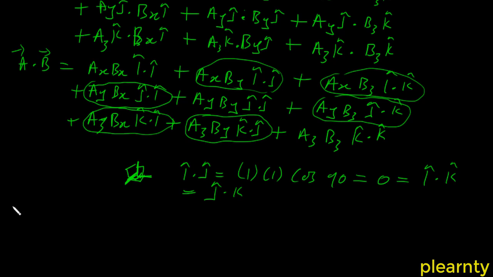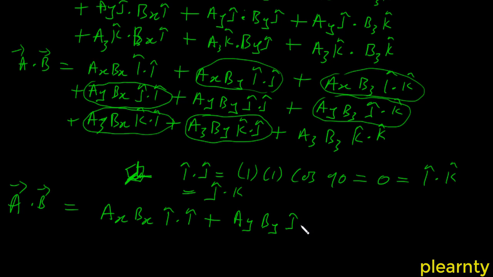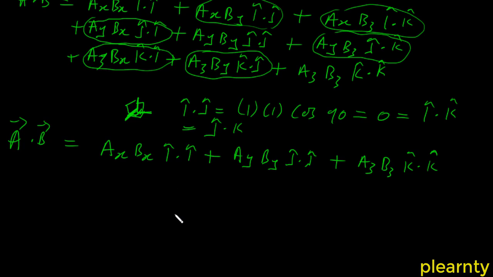Those that survive are, we have A dot B is equal to AX BX i dot i plus AY BY j dot j plus AZ BZ k dot k.